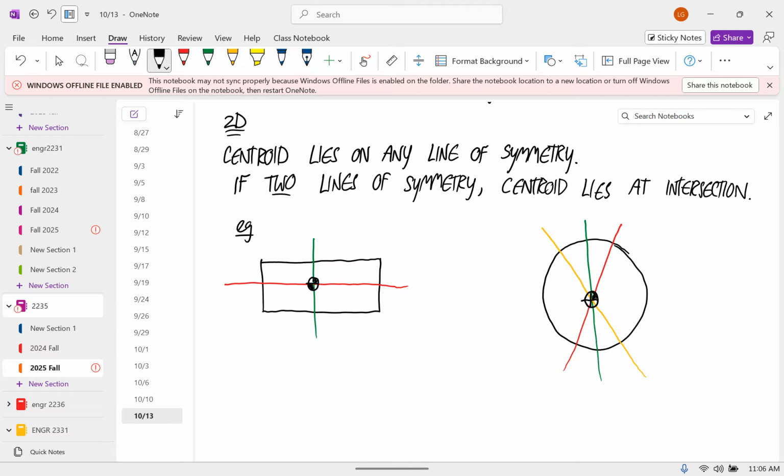That's a horrible drawing, but I'm going to fix it. And so where they intersect is the centroid of the circle.